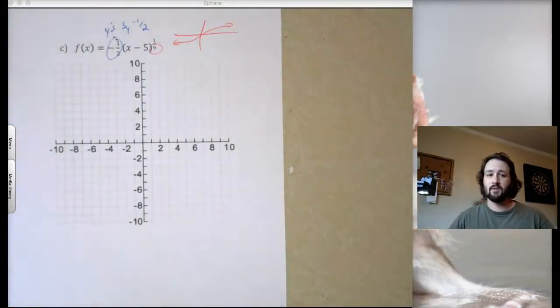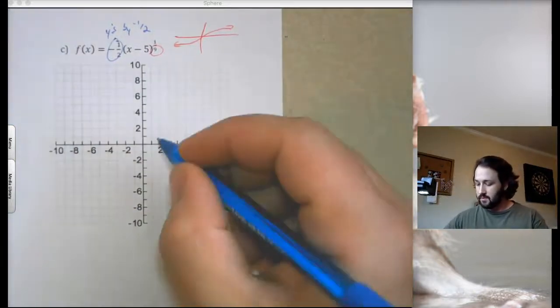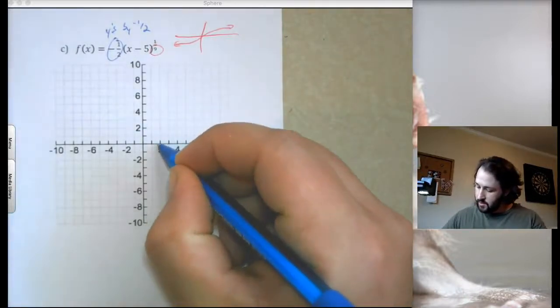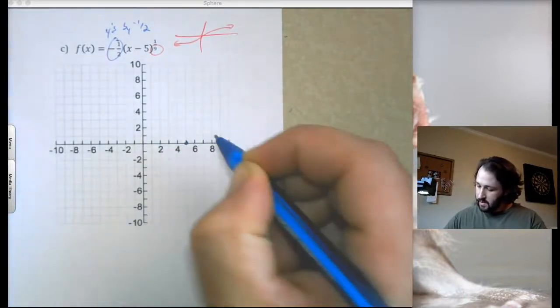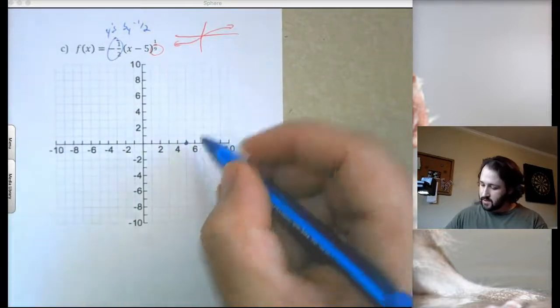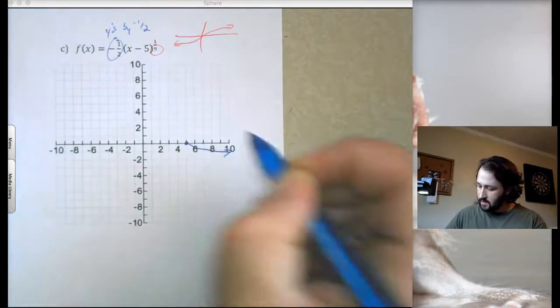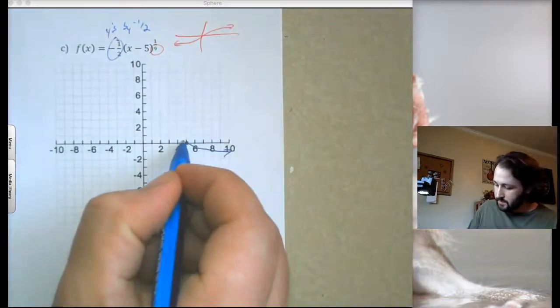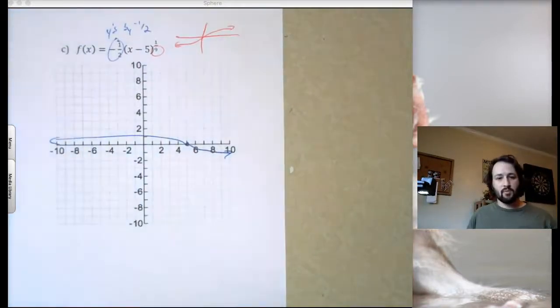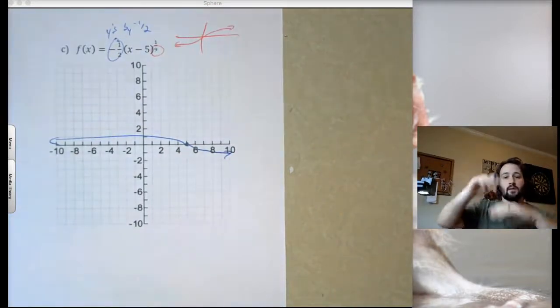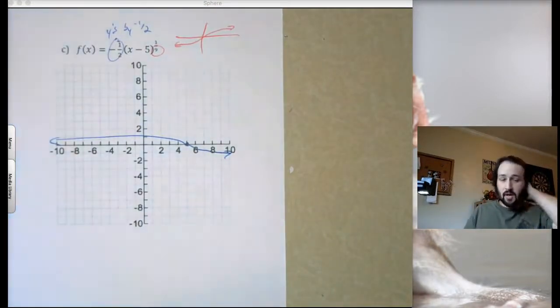So we are compressing the graph down, and then I'll move it to the right 5. So 1, 2, 3, 4, 5. And then I have it reflected. So instead of going this direction, it's going to reflect and go the opposite direction. Notice I drew it pretty skinny because it should be vertically compressed somewhat. I'm not going to draw it way far out there.